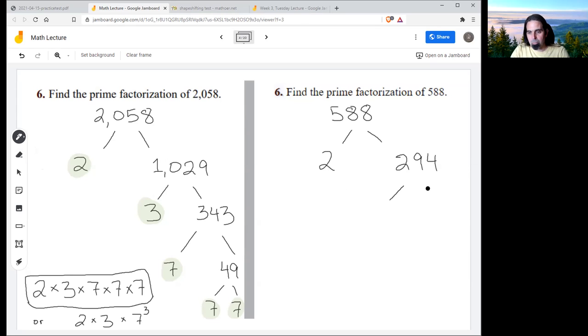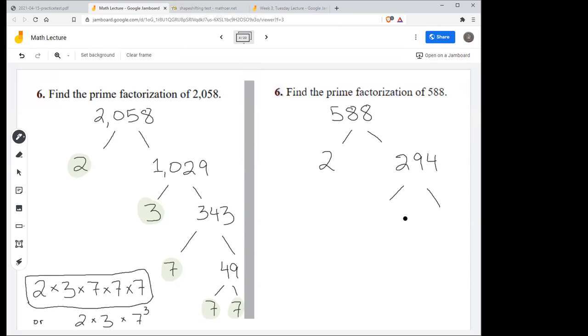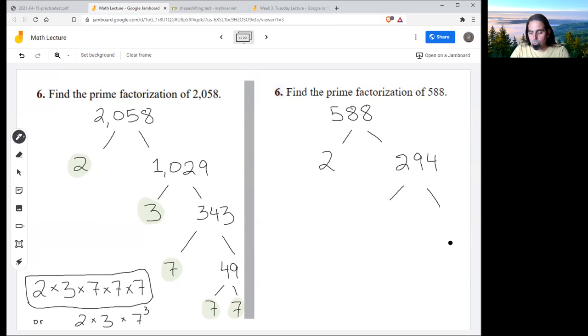Okay, now I need to break apart 294. Do you do 4? Do I do 4? I could try, but it's not going to work. If I do 294 divided by 4, I get something 0.5.